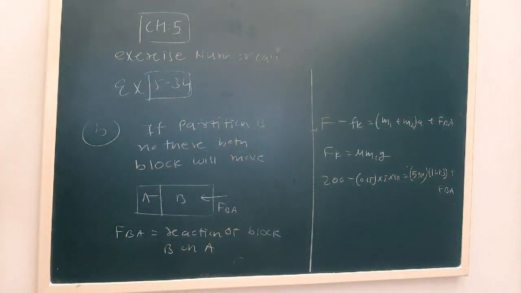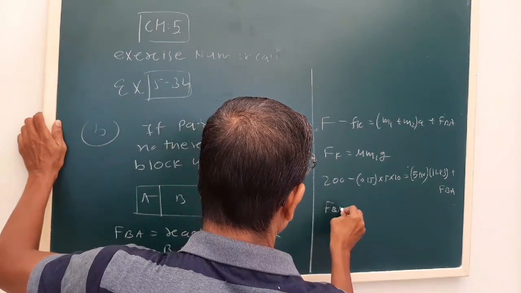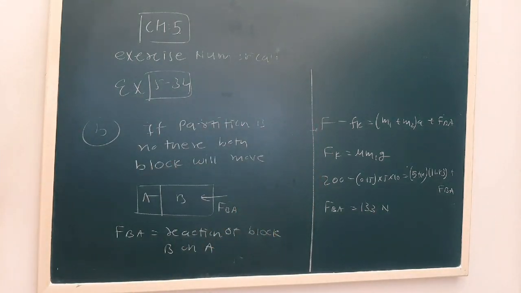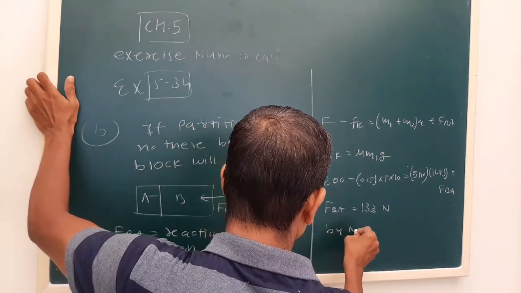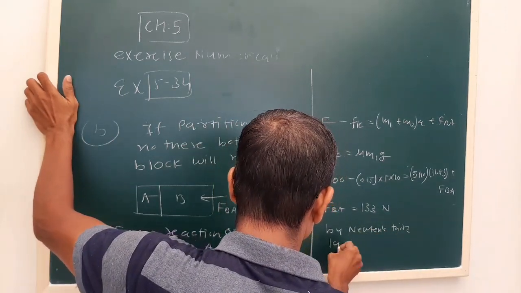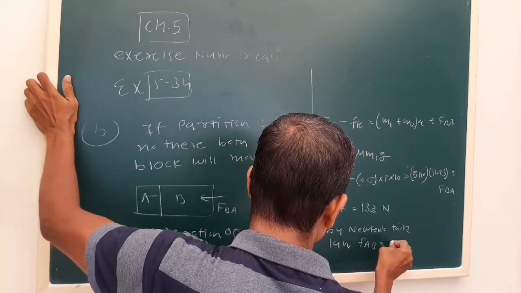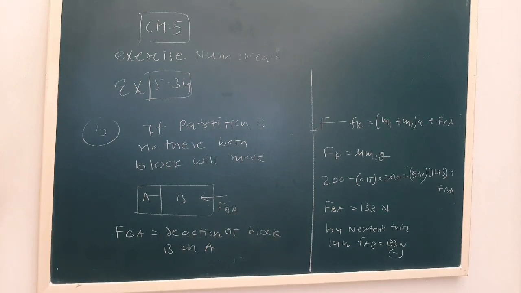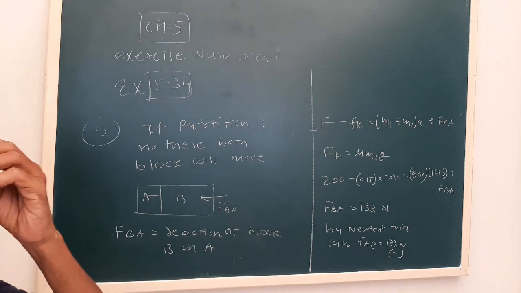So FBA turns out to be roughly 133 Newton. This is the reaction of B on A. By Newton's third law, FAB also will be 130 Newton, but in the opposite direction. So this is how we can solve exercise number 5.34.